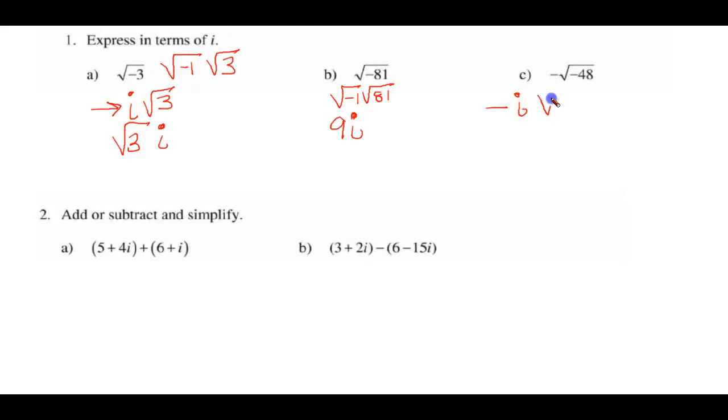And then we notice that the square root of 48 is actually the square root of 16 times the square root of 3 from an earlier lesson. So the square root of 16 is going to be a 4. We then include the i, and then the square root of 3.